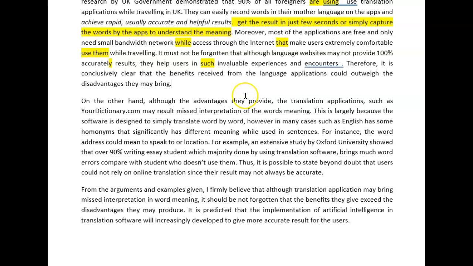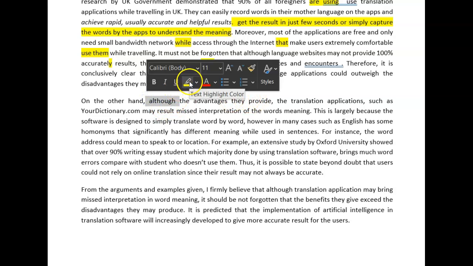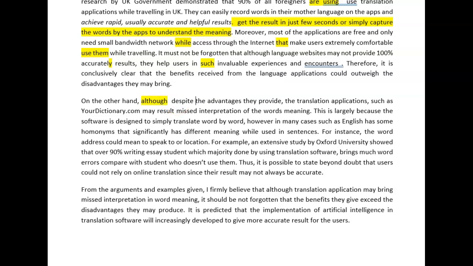On the other hand, although the advantages, not although, despite. So check out the difference between despite and although. So you could say, although they have many advantages, but here you would have to say, despite the advantages, because you're going into something negative.